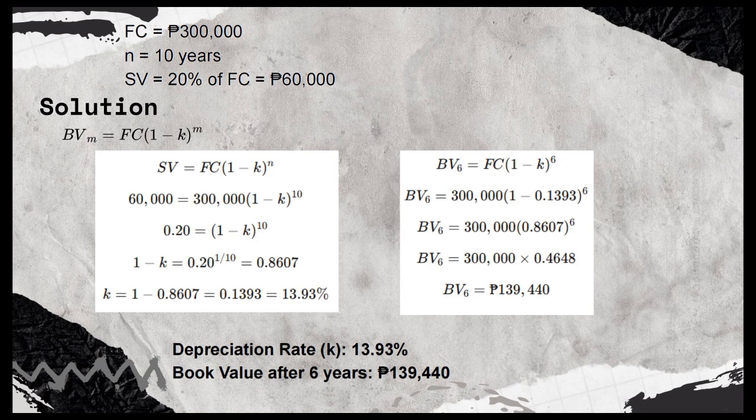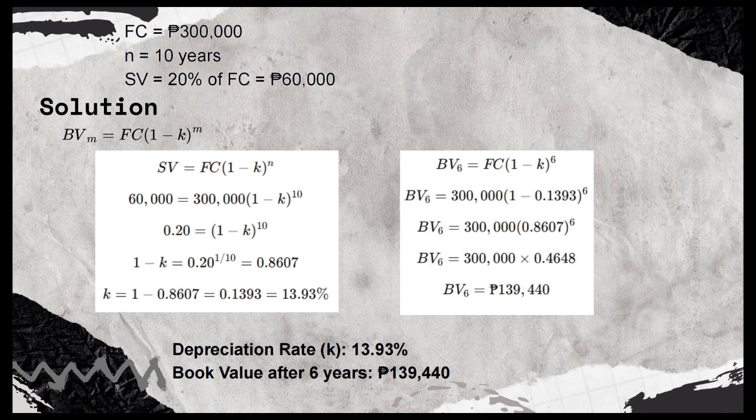So now we will first use the salvage value formula, which is the SV is equals to FC multiplied by 1 minus K to the power of N. So the SV is the 60,000. So it is equals to 300,000 pesos multiplied by 1 minus K to the power of 10. So it will be 0.20 equals 1 minus K to the power of 10.